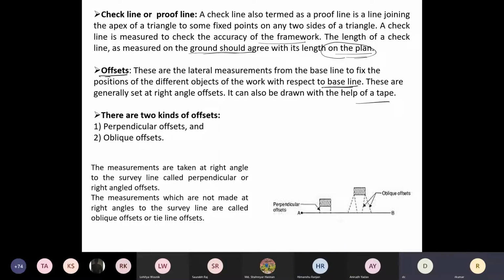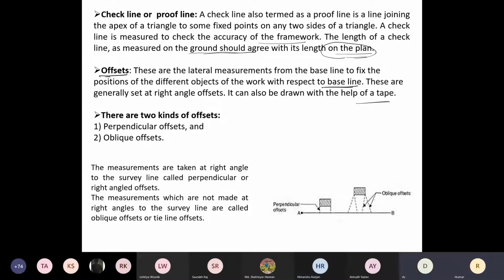And the types of offsets, what is the utility, anything? Yes, sir. As I told, to locate the surrounding structures in the map. No, I am asking about the types of offsets. Sir has also told two different types of offsets. So sir was talking about perpendicular measurement.